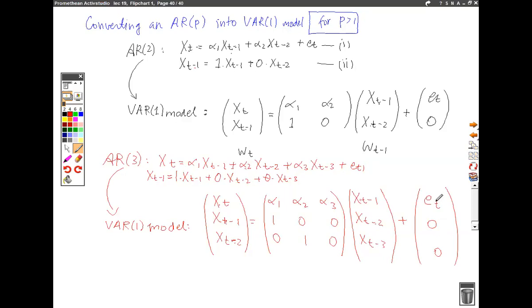So I'll have et there. So this is again a VAR model, right? This is my WT, and that will just be my A, and this will be my WT minus 1, and that will be my error term for W. So this is how you can convert any AR(p) process into a VAR model of order 1, which is always a Markov process.